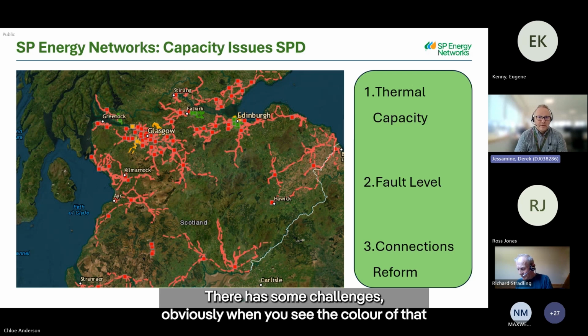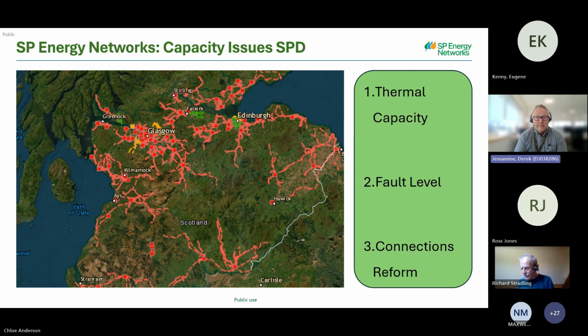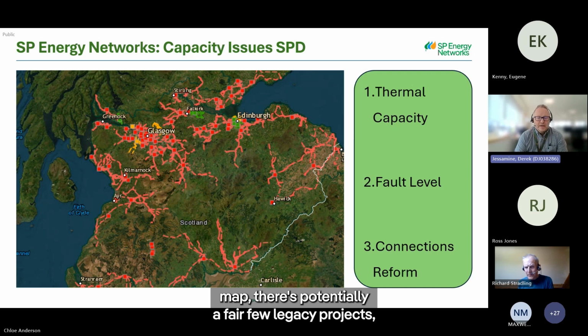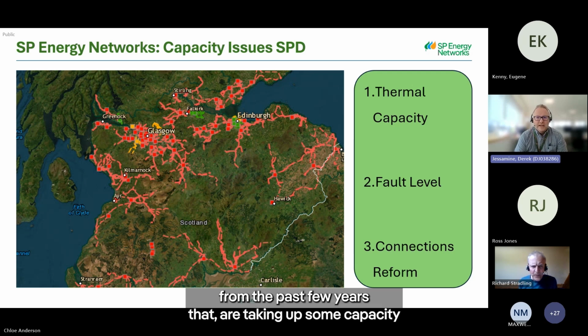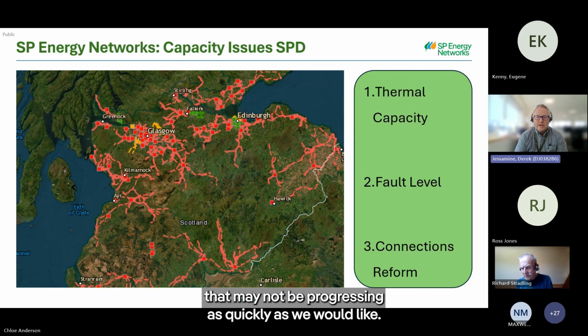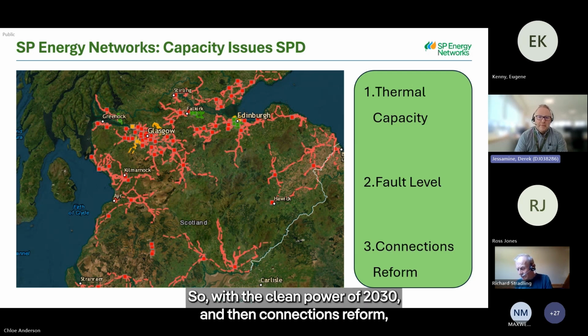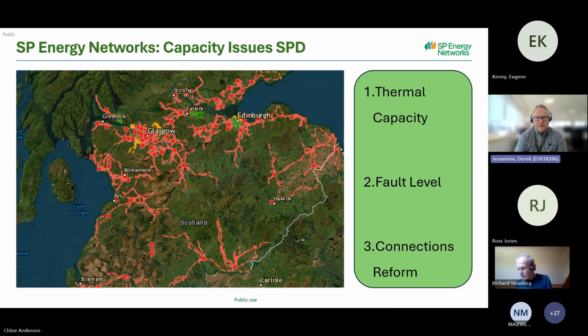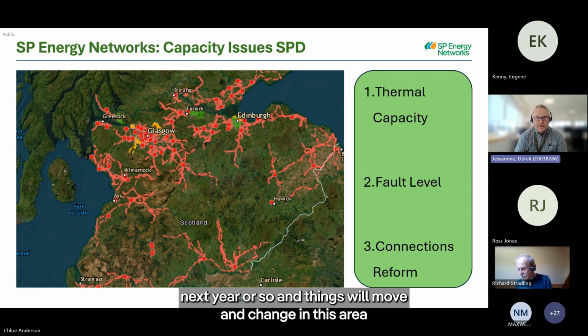There are some challenges, obviously, when you see the colour of that map. There's potentially a fair few legacy projects from the past few years that are taking up some capacity that may not be progressing as quickly as we would like. So with Clean Power 2030 and then connections reform, there's hope that over the next year or so things will move and change in this area.